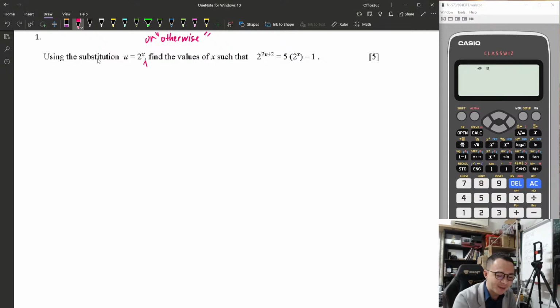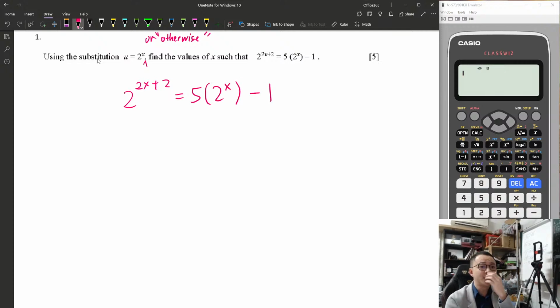Right, before I substitute, I want to expand and simplify a little bit first. This is 2 power 2x plus 2. Let me copy the question one time first. 2 power x minus 1. Alright, this is the question. All of us know that a plus in the power actually means multiply.